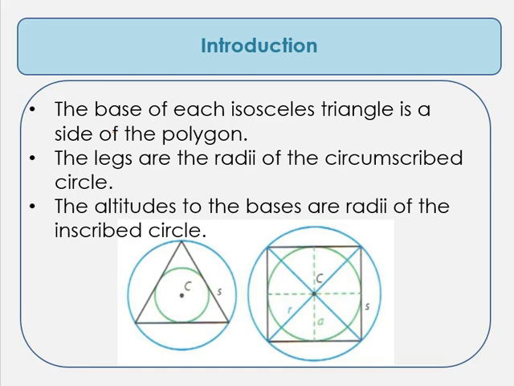So we know that these will be congruent, and it says that this base is a side of the polygon. So side is labeled S. So this would be another side, and I won't be able to draw it. But this is a square anyway, so you know that all of these sides are congruent.